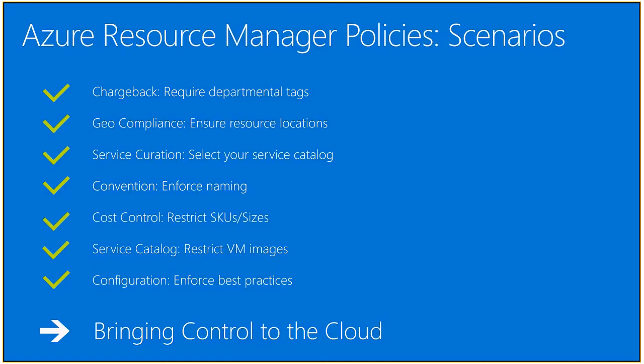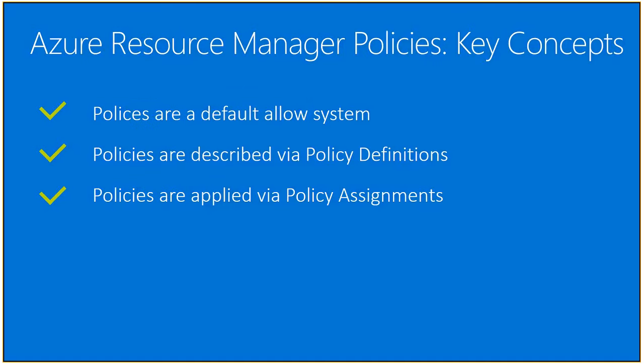Similarly to RBAC, there are policy definitions and policy assignments. A policy definition describes what your resources should look like, and the policy assignment allows you to assign the policy definition to a particular scope. Similarly, the scope can be your subscription, your resource group, or an individual resource.